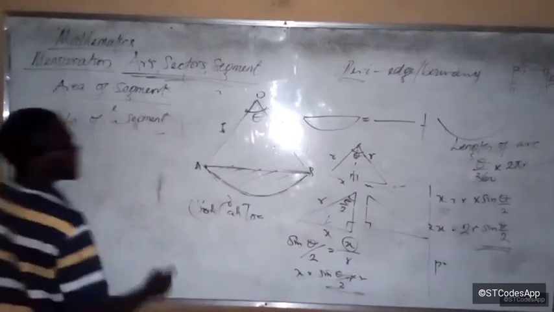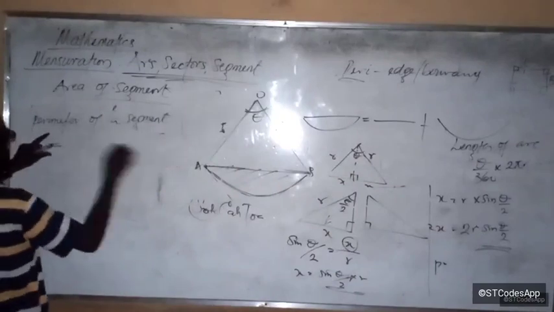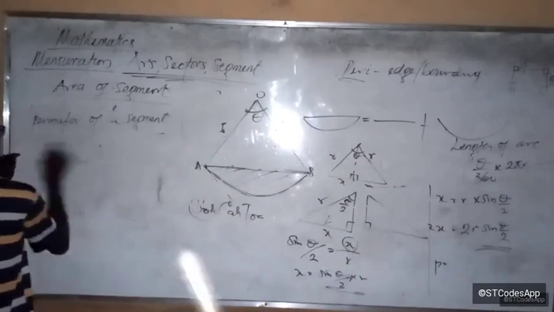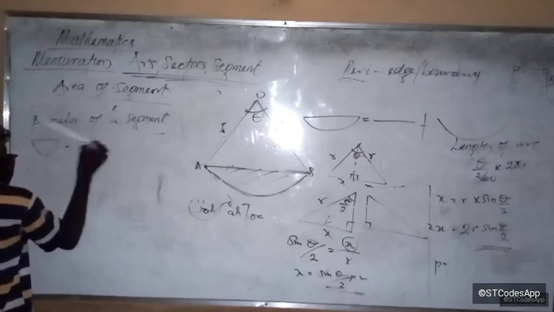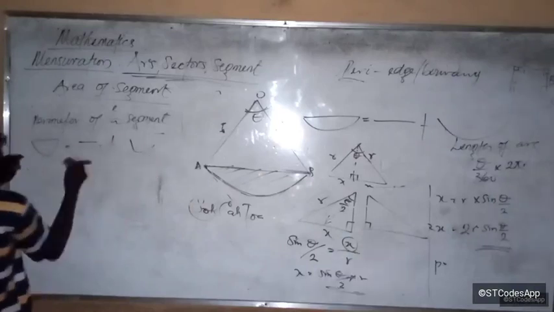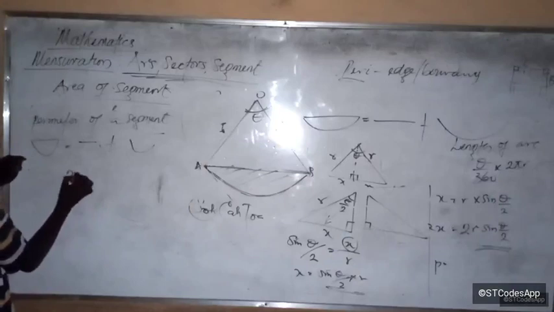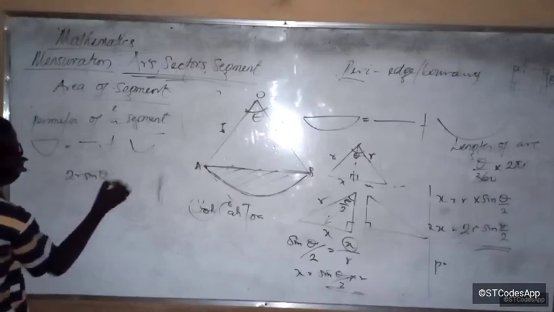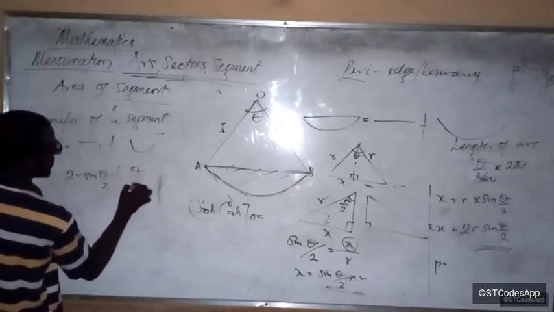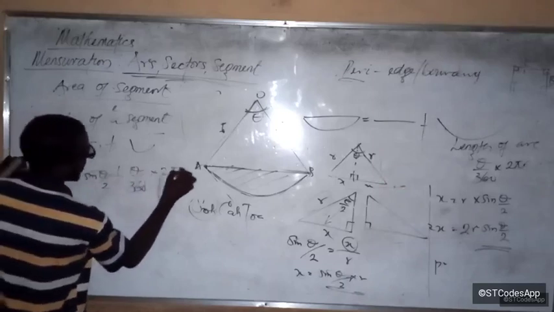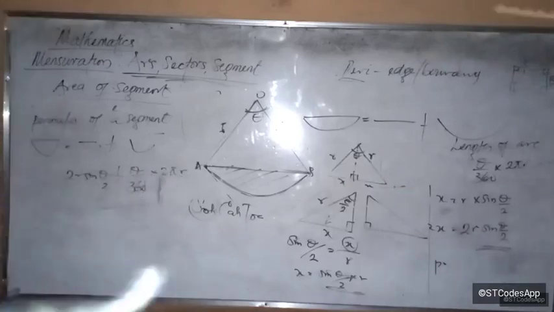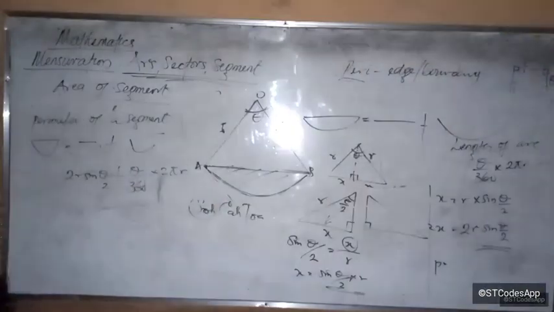So that will be the length of the arc plus the length of this guy. So the perimeter of this guy here is going to be equal to this plus this, isn't it? And this gave us 2r sine theta over 2 plus theta over 360 times 2 pi r, right? And that is the formula for finding the perimeter of the segment.